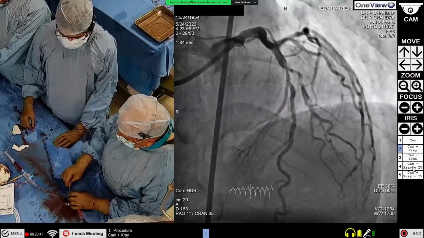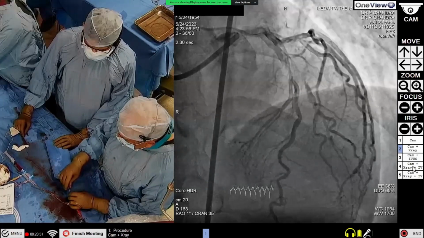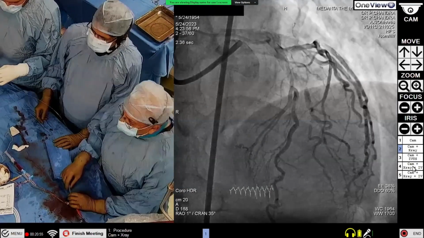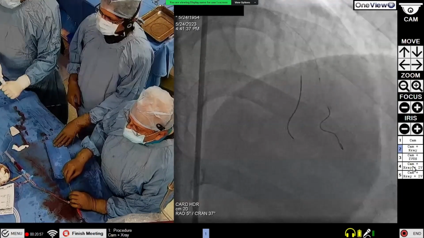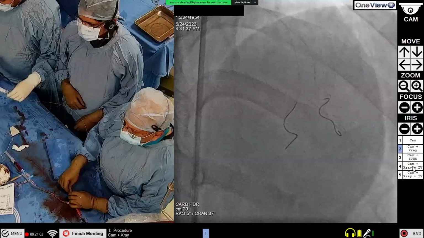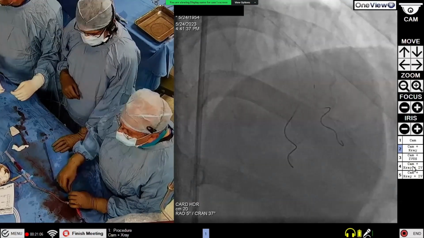Again, we have seen in most of the studies that one stent is better than two stents. So now we are trying to say that maybe no stent is better than one stent. So that is why we are trying to treat this vessel as best as possible, do a good angioplasty, and see how things work.